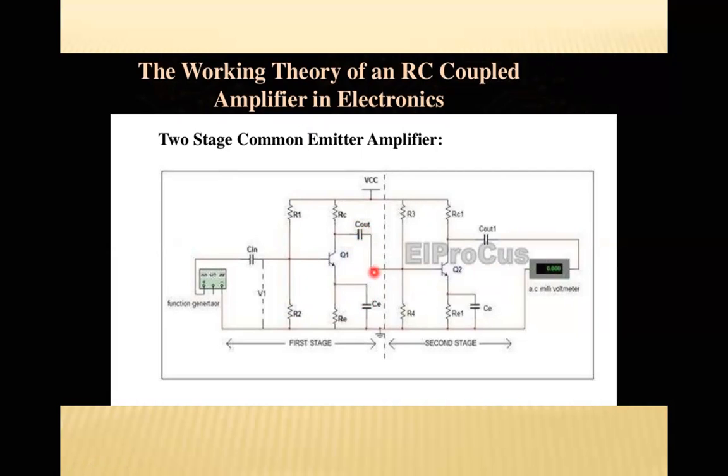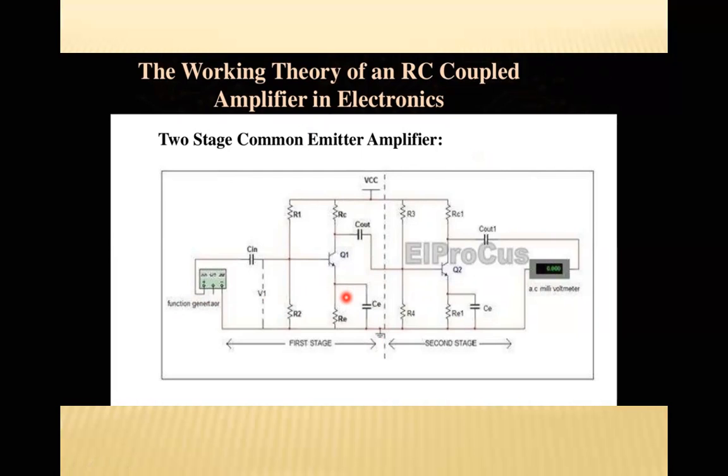Normally the output is measured between the coupling capacitor point and the ground, whereas instead of measuring the output across these two points, this output is again given as an input to one more amplifier. So this is the first stage, this is the second stage. We can say that this is a two-stage common emitter amplifier or RC coupled amplifier in a multi-stage manner.